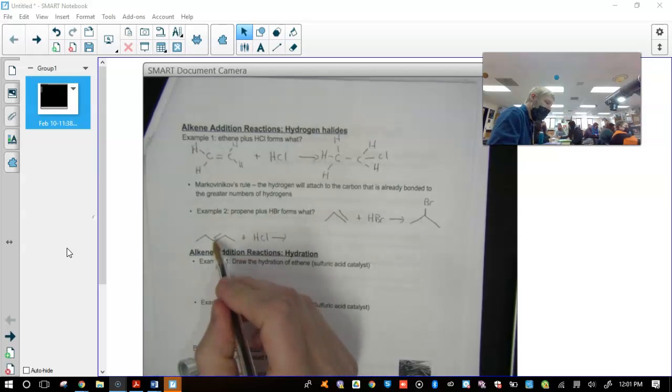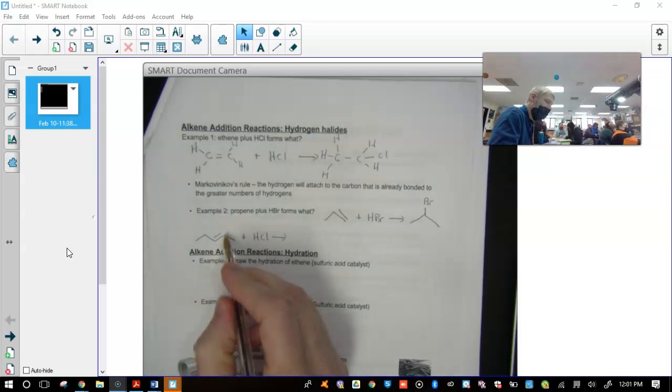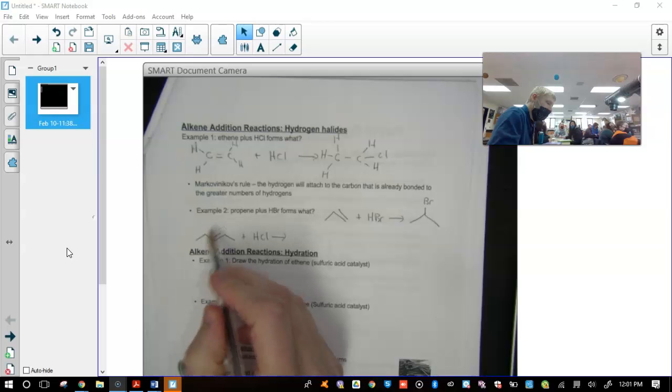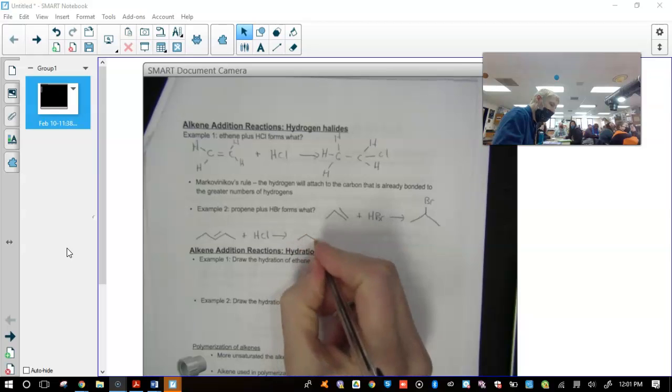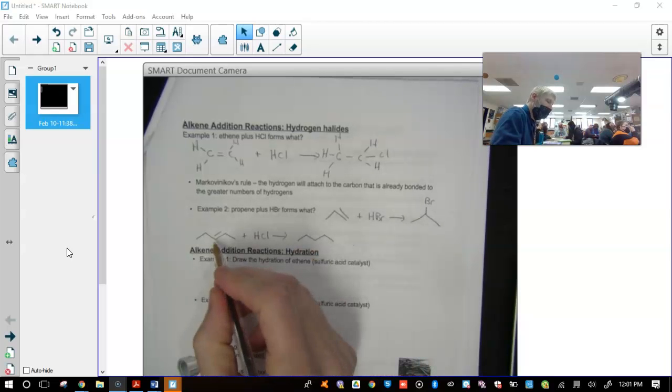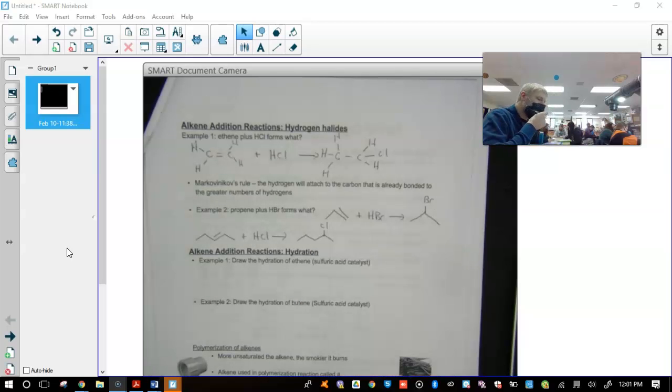Well, here we got 1, here we got 1, so we have to look at the chain as a whole. So technically we got 1, 2, 3, 4, and then here we got 1, 2, 3, 4, 5, 6. So we'll go with this side being the one that has more hydrogens, therefore we add the hydrogen here, and over here is going to be the chlorine.